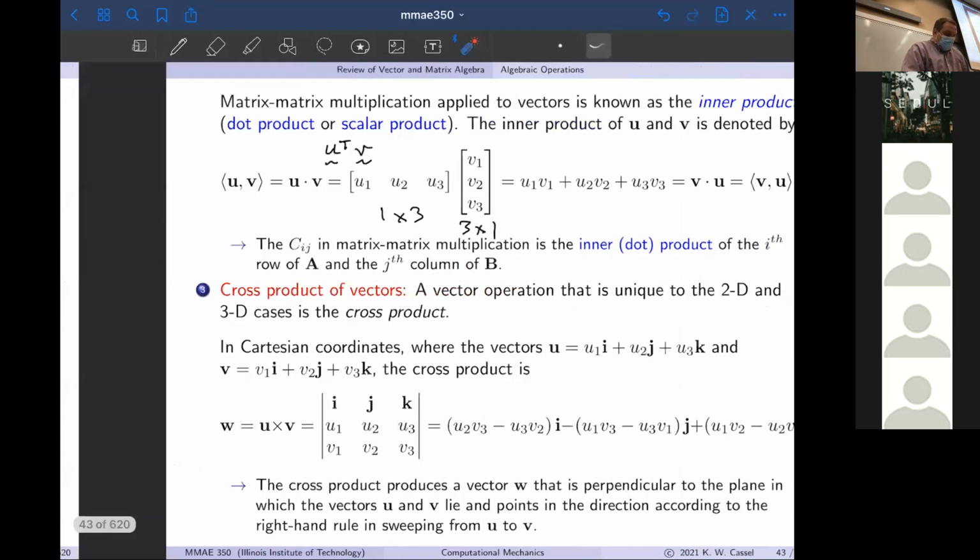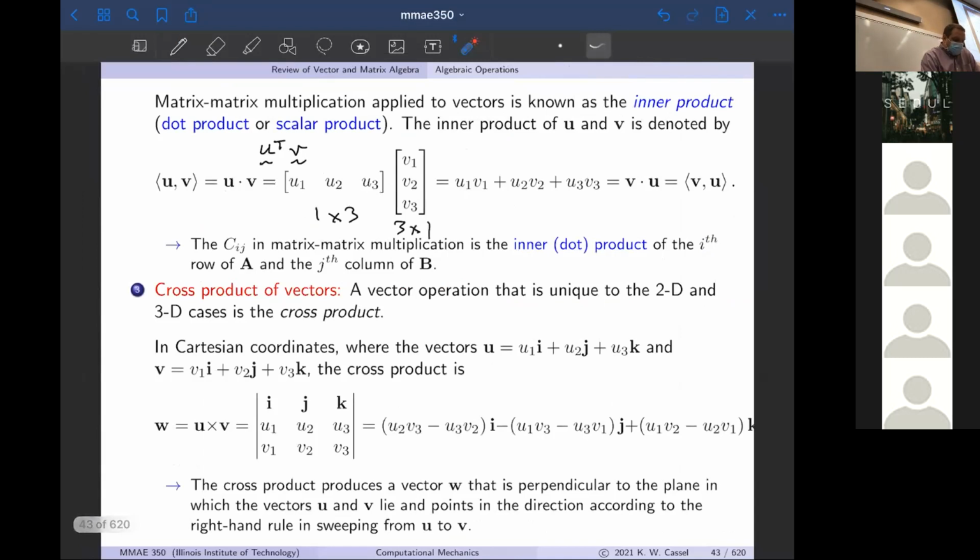Now there is one other type of multiplication that only applies to vectors, and it only applies to 2D and 3D vectors, and that's the cross product. There is no matrix equivalent of the cross product, and the cross product does not exist for larger than 3-dimensional vectors. So this is something we use in mechanics all the time.